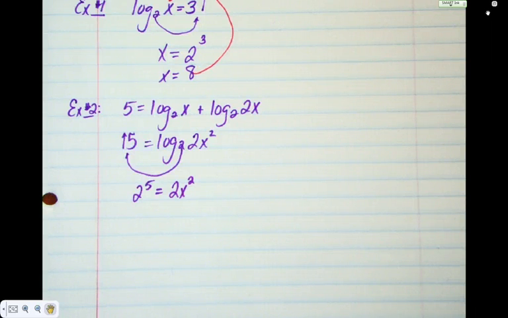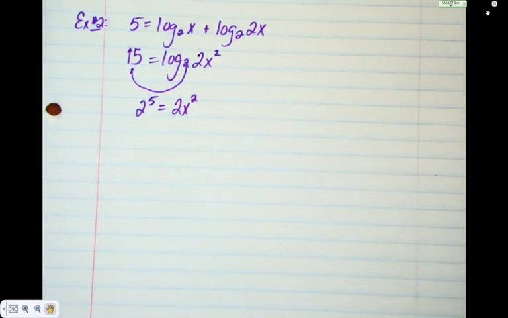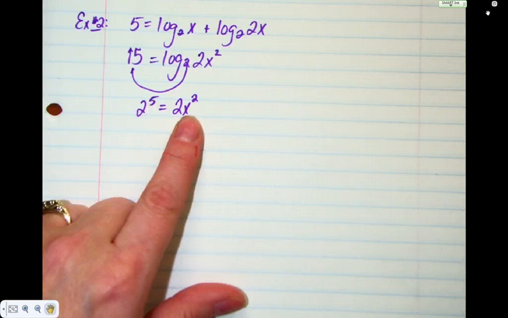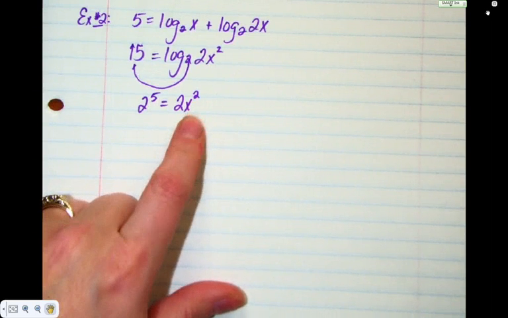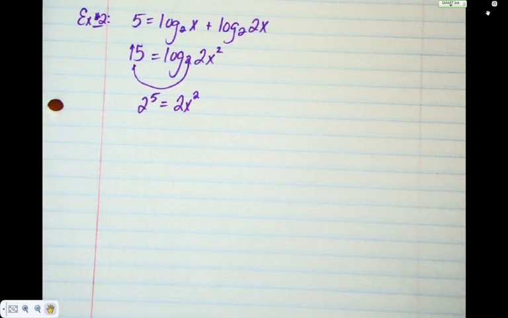What kind of equation is this? It's just quadratic. How many ways are there to solve a quadratic? What are the 5 ways? Quad formula. Which one would you like to do?